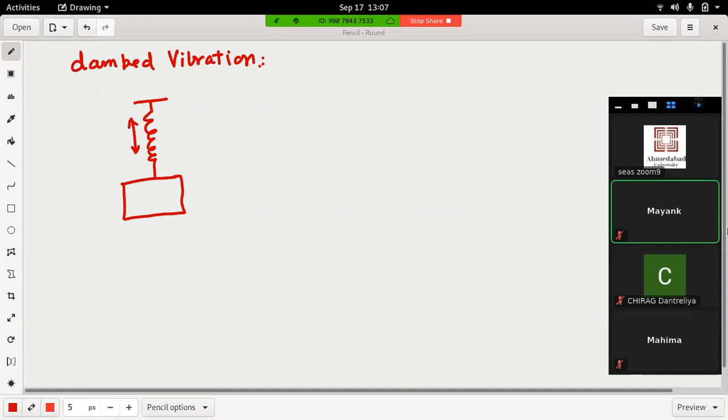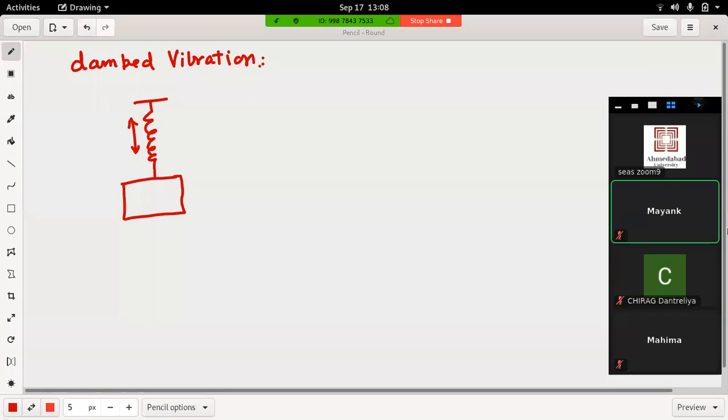Like in this example, a mass suspended from the spring might be pulled or released, and it bounces up and down, and on each bounce the system tends to return to its equilibrium position but overshoots it. So sometimes losses like frictional losses can cause oscillations to gradually decay or attenuate. Just like a laser beam attenuates in fluid, the vibrations or oscillations can also get attenuated with some media.